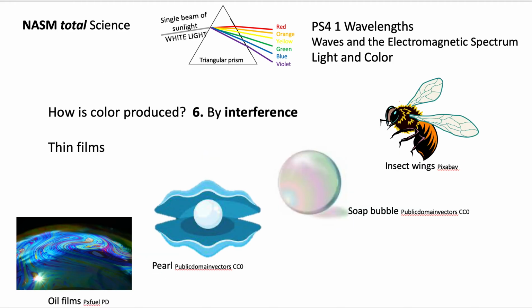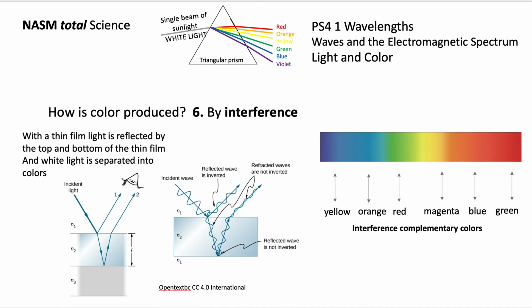And the last method we're going to look at is interference, which is involving very thin films: soap bubbles, thin insect wings, the outer iridescence of a pearl, and oil films.